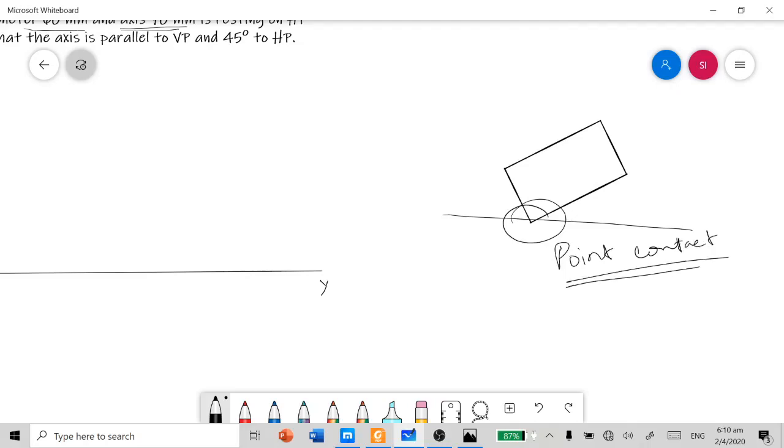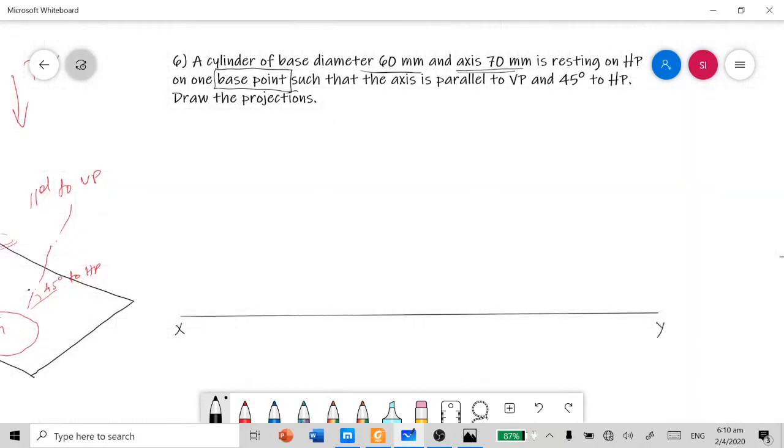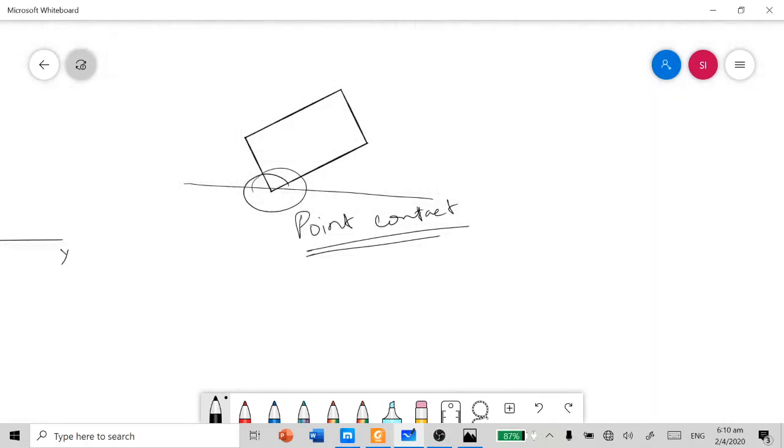That's why in this problem the cylinder is made to rest on HP with a base point. This is the one and only choice, and apart from that one more choice is there, that is you can rest a cylinder on the flat surface in this flat manner.